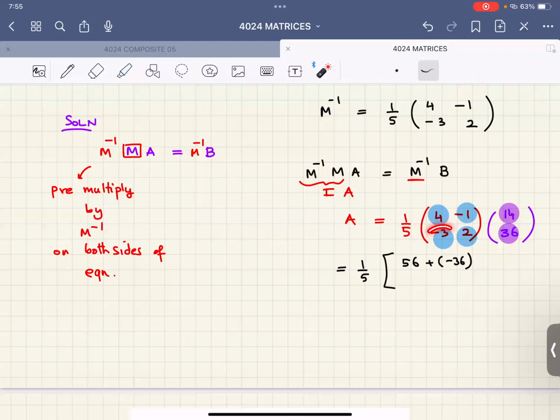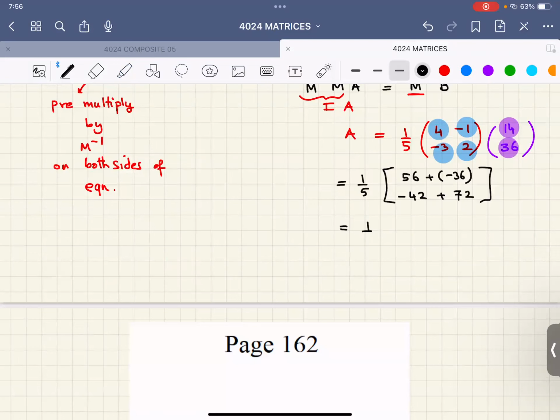So -3 into 14, 2 into 36. So -3 into 14 is how much? -42. And 2 into 36 is 72. Now, this is 1/5. A difference between 56 and 36 negative is +20. And over here, the difference is +30. So 1/5 of 20 is 4. 1/5 of 30 is 6.